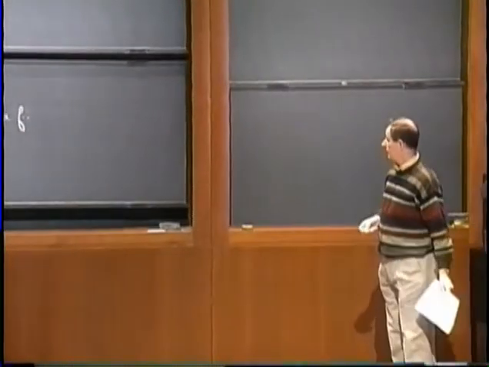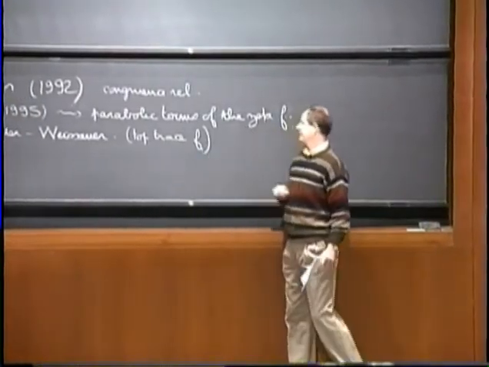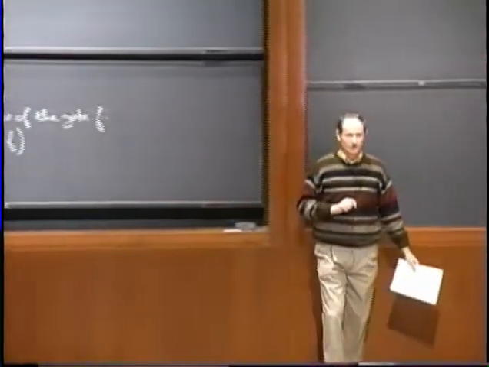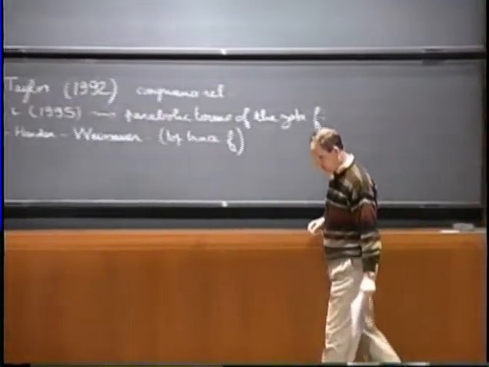In 95, I was already considering the trivial local system, while Harder and Weissauer were considering the general case.